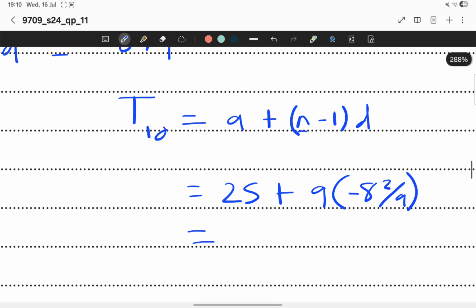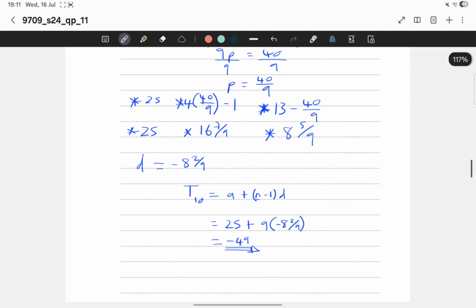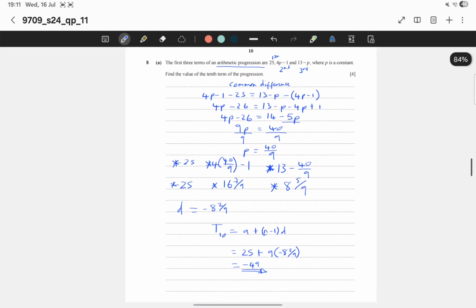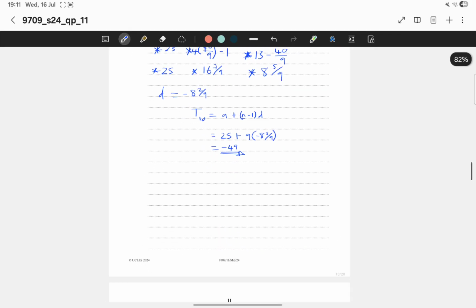And this gives us 25 plus 9 times minus 8 and 2 over 9, which gives us minus 49 as our 10th term. So minus 49 is our answer for 8 part A. Then you get your 4 marks, right?